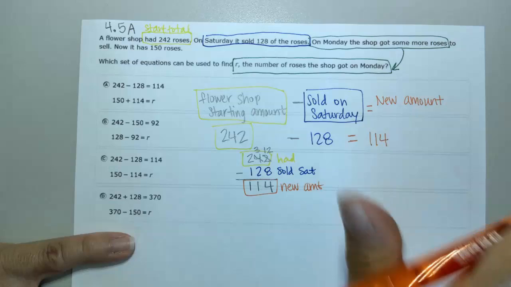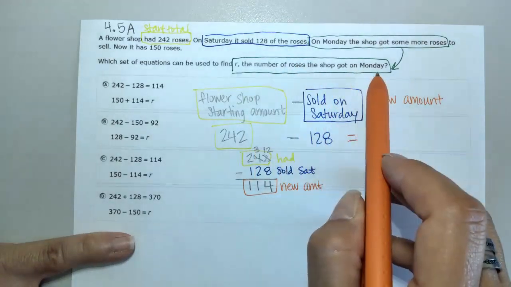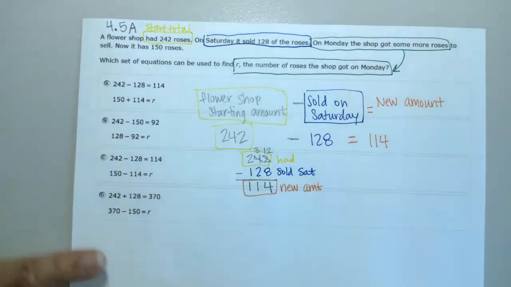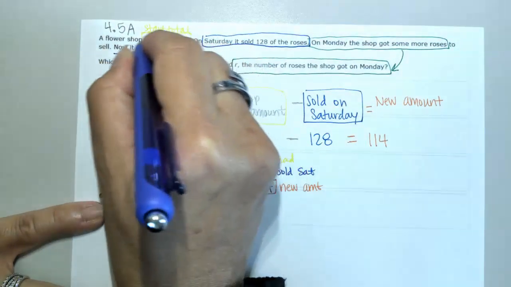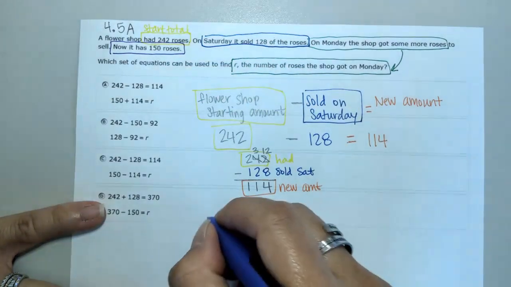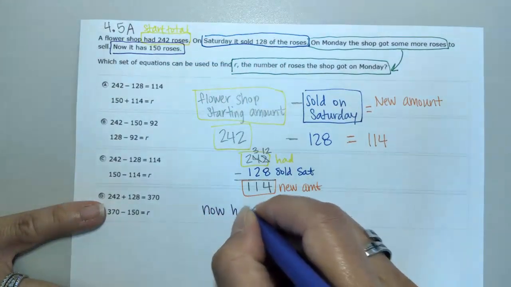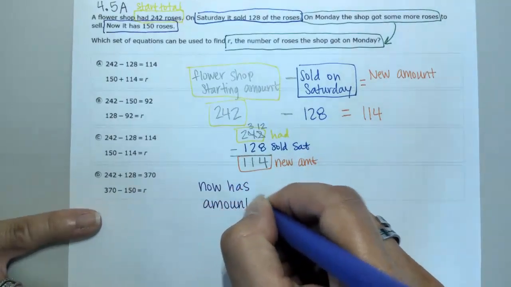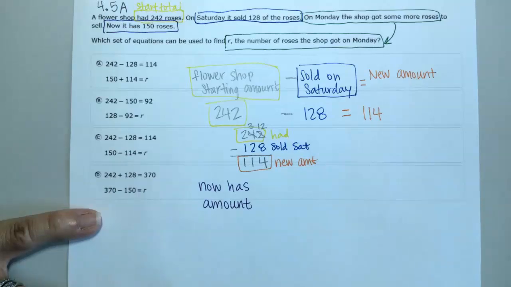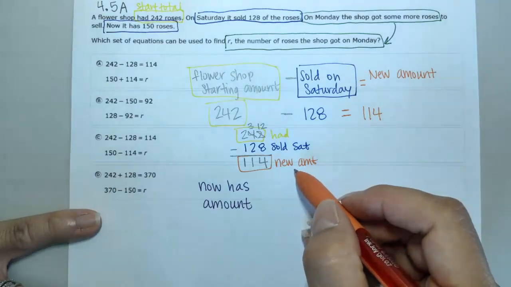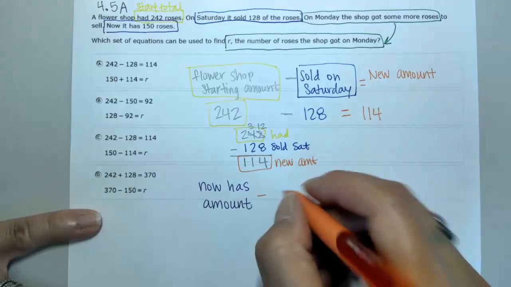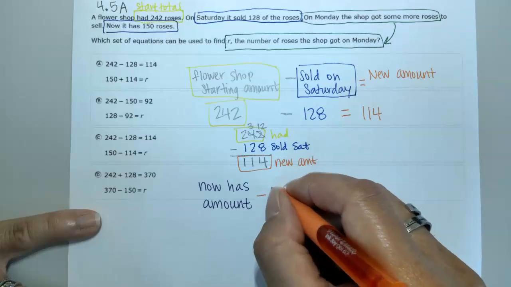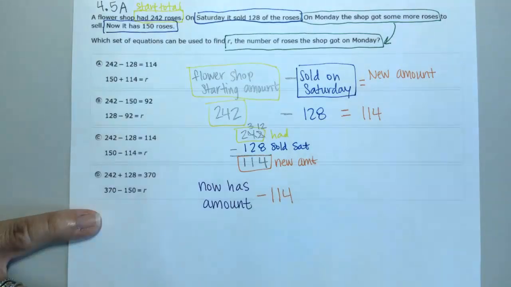Now I'm not done because I don't know yet the amount of roses the shop got on Monday. What I do know is that the shop now has 150 roses. So that's my now has amount. I need to take away that from the amount after the sold on Saturday. So that is going to be that 114.